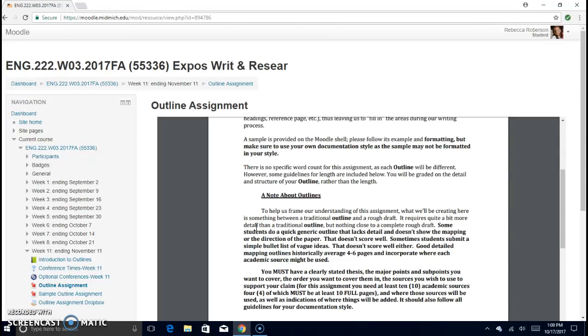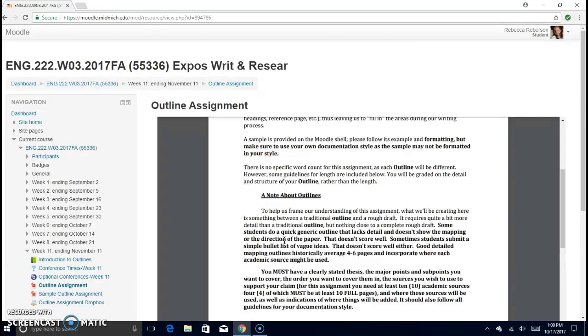A lot of students do a quick generic outline, basically just throwing in, say, a topic sentence for each paragraph, and the whole outline is maybe 1 to 2 pages, and that just doesn't score very well. Those are always unacceptable outlines. Definitely avoid bulleted lists or a basic one-paragraph summary of what the paper is going to be about. Those are all going to be unacceptable.